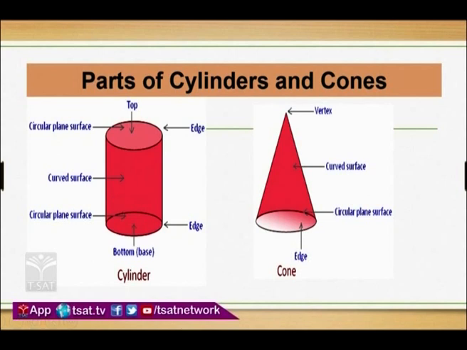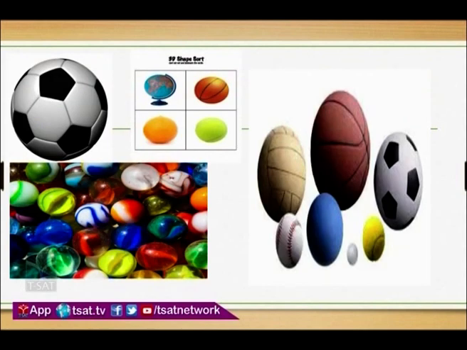Until now we completed the parts of a cube, the parts of a cuboid, then cone and cylinder. Now the next concept, think what the image relates to. Here I am using all types of balls, and I took some marbles, a globe, a fruit. What is the common phenomenon in all these images? For this, let me ask you a question.